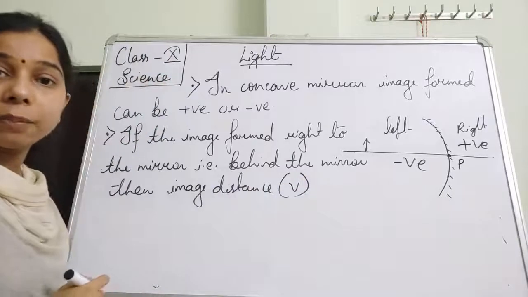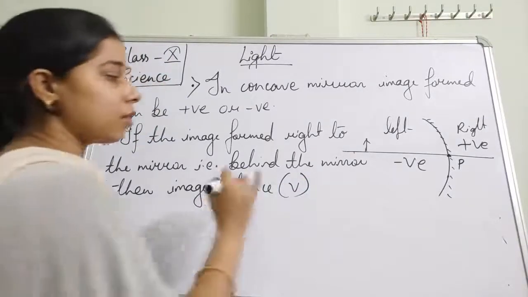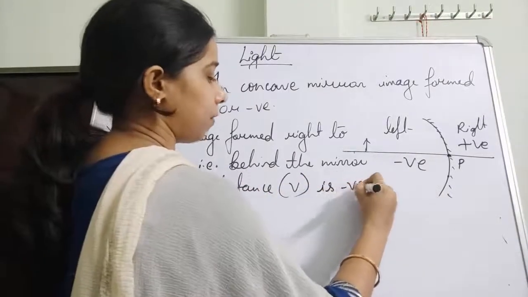Remember that: object distance U, image distance V is negative.